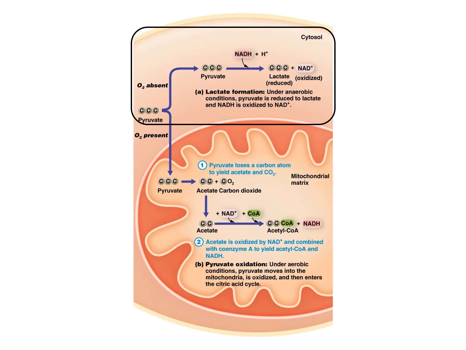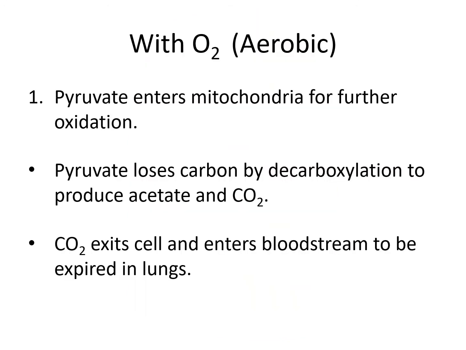So we see in this picture that when oxygen is absent, pyruvate is reduced to lactate, and the NADH gets oxidized to NAD. In the presence of oxygen, or aerobic conditions, pyruvate enters the mitochondria for further oxidation.